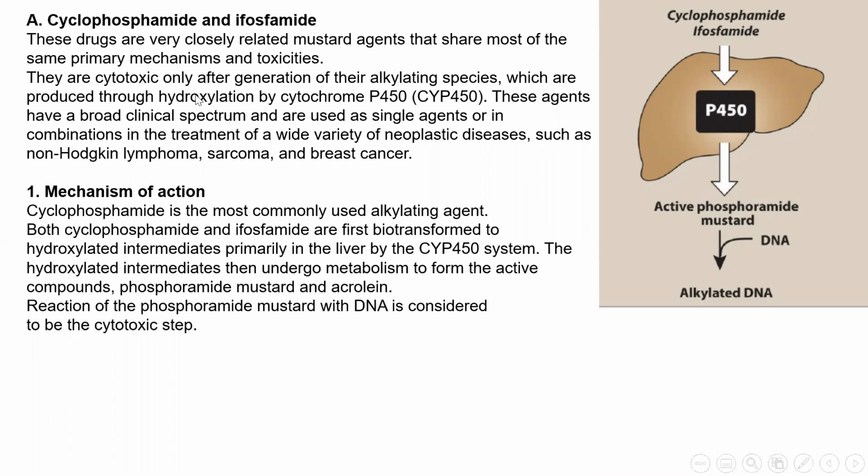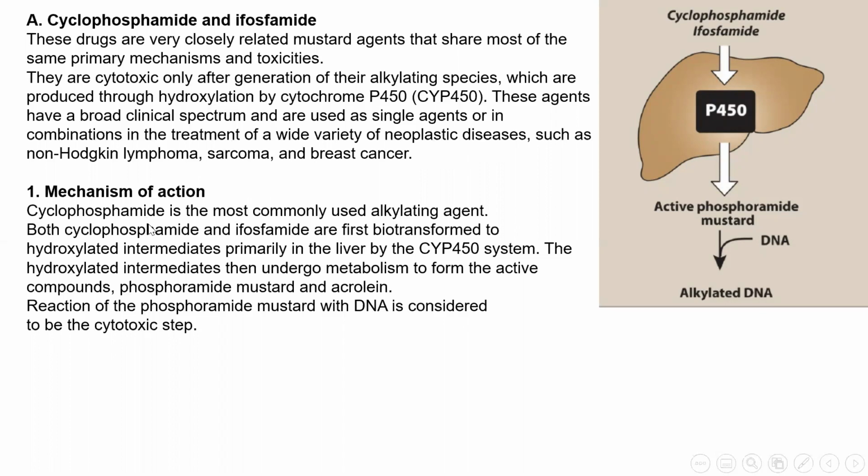The cytotoxic effect happens after generation of their alkylating species, so they must be transformed into active metabolites, which have the alkylating activity and are produced through hydroxylation by cytochrome P450. These agents have a broad clinical spectrum and can be used as a single agent or in combination, as we said in the previous slide, to treat various neoplastic diseases such as Hodgkin lymphoma, sarcoma, and breast cancer.